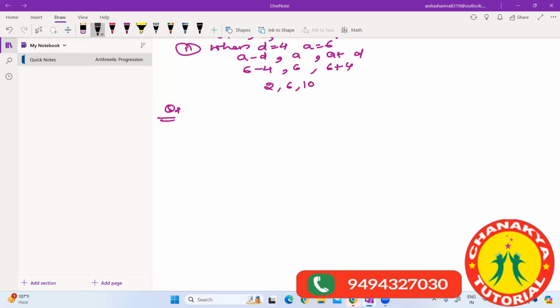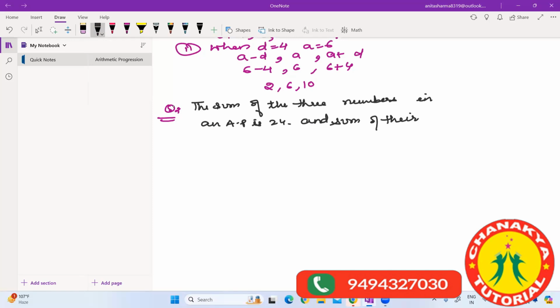The question is, the sum of 3 numbers in an AP is 24, and the sum of their squares is 194. Then find the numbers.